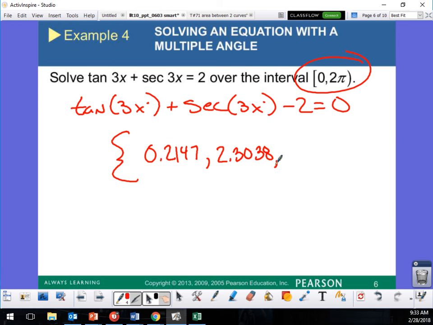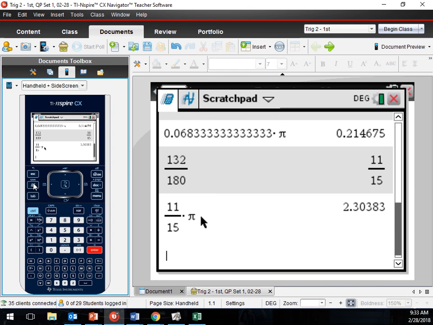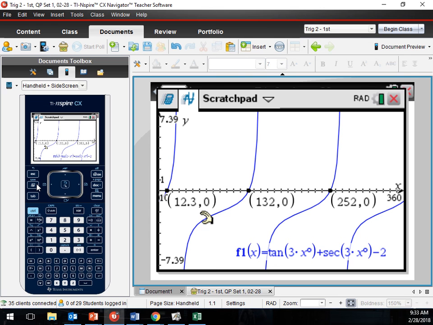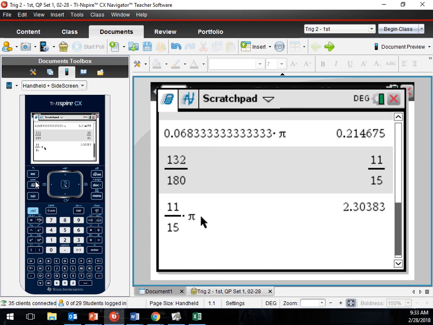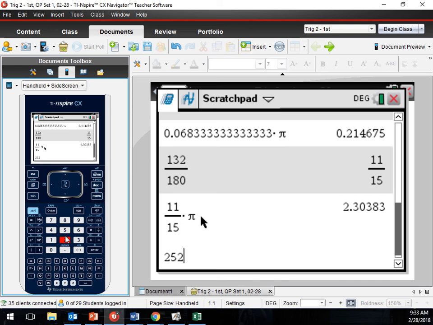And then next one, 252. Okay, so now I'm going to do this one. Even if it gives you a simple answer, you still have to. I'm just showing you how to do them all. If you do one of them, do all of them. Does that make sense? So we're going to have an approximation for all of them.